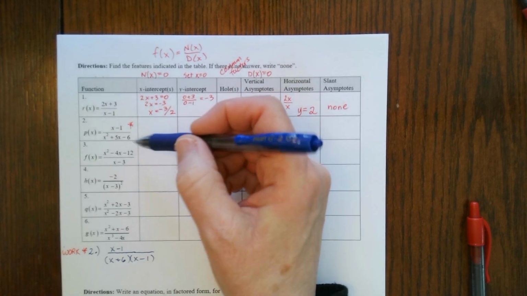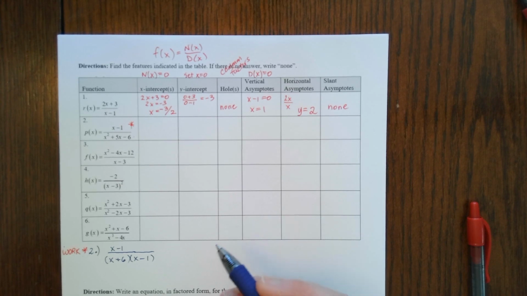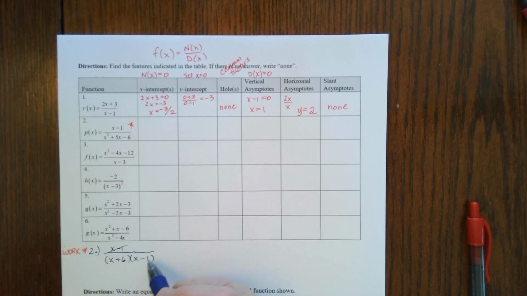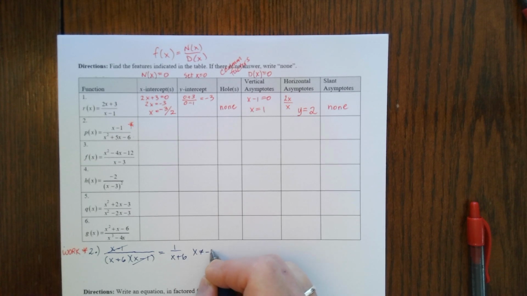That gives us our denominator. Then we have a common factor of x minus 1. So this will be 1 over x plus 6, as long as x is not equal to 1.